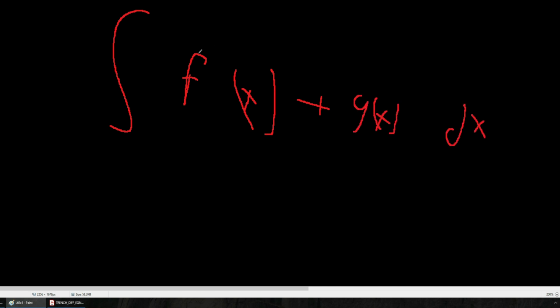If you couldn't split up the sum, it makes it quite a bit harder of a problem than if you could split it up into two integrals like this and then work on each on its own.